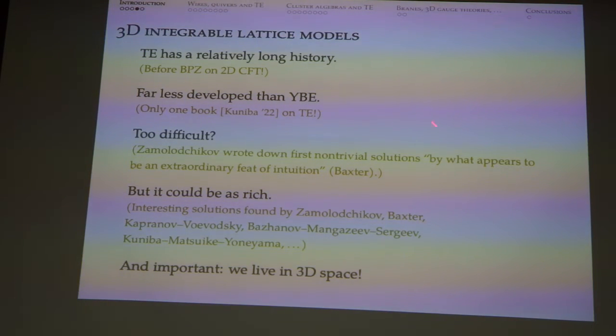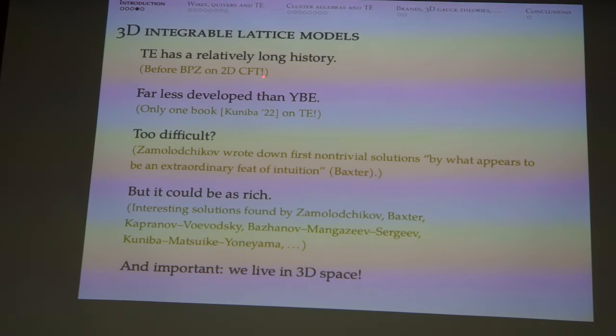Okay, so it has a long history, but it's also fair to say that it's far less developed than the Yang-Baxter equation. And actually, as far as I know, there's only one book on the subject of the tetrahedron equation, which was written by my collaborator, Kuniba-san, and published last year.